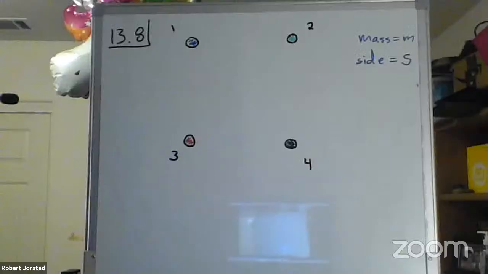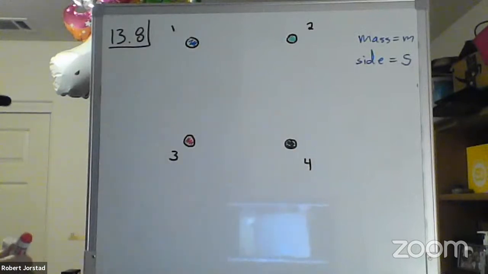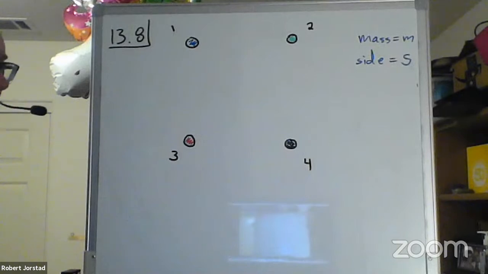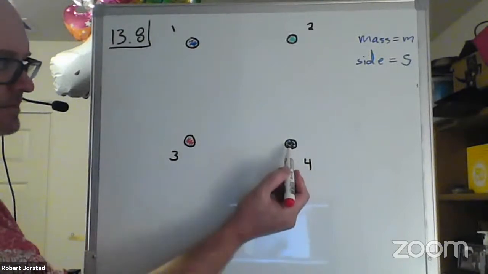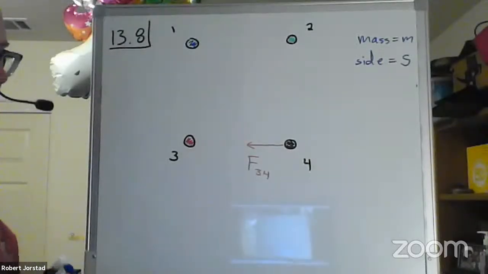We draw the forces. Okay. What direction is the force that 3 exerts on 4? What direction is the force on 4 from mass 3? To the left. Okay. So it's F of 3 on 4. Yep. And I'm just going to call it F34 because I'm lazy.